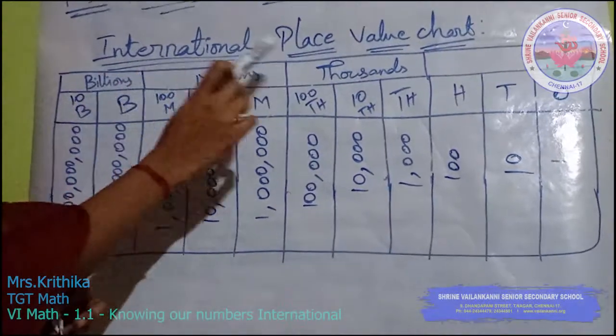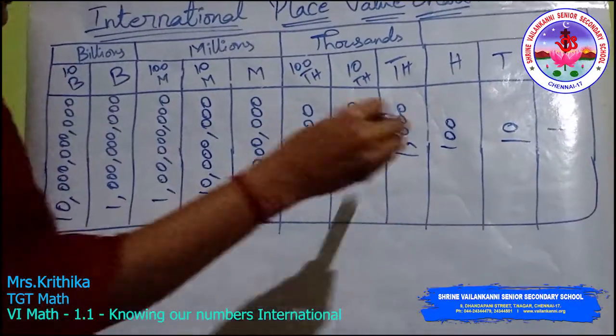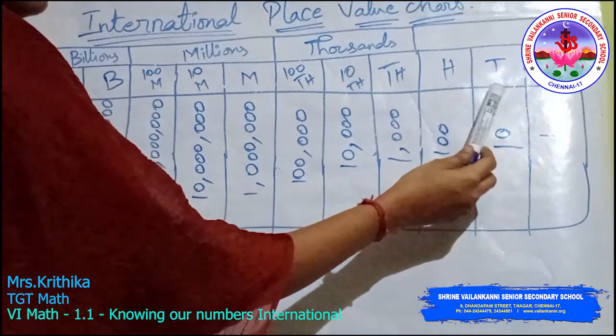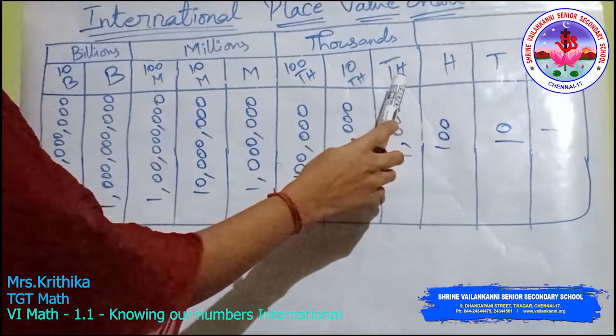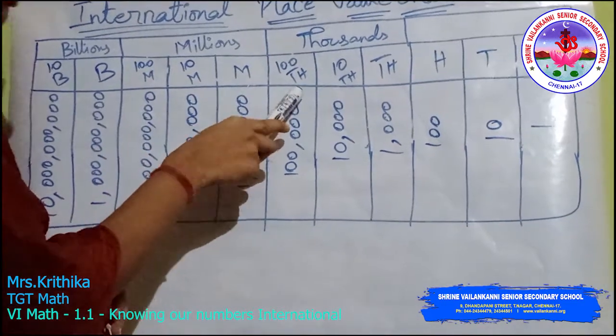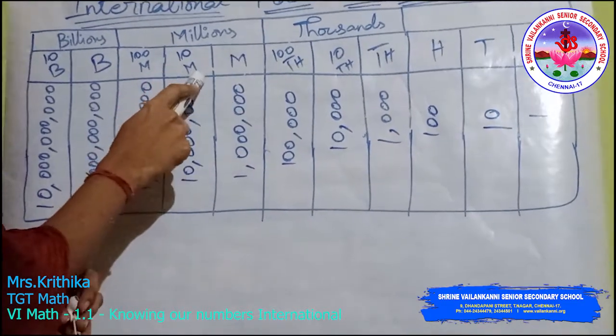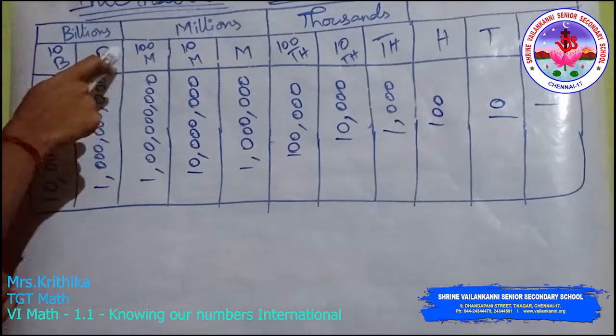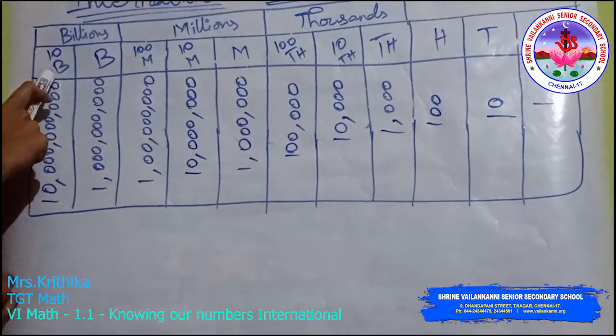Next one is the international place value chart. Ones, 10, 100, 1000, 10,000, 100,000, million, 10 million, 100 million, billion, 10 billion.